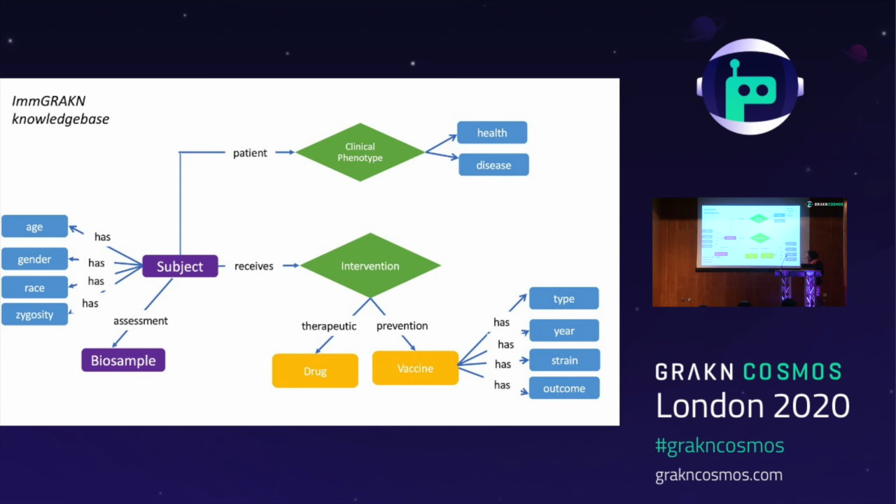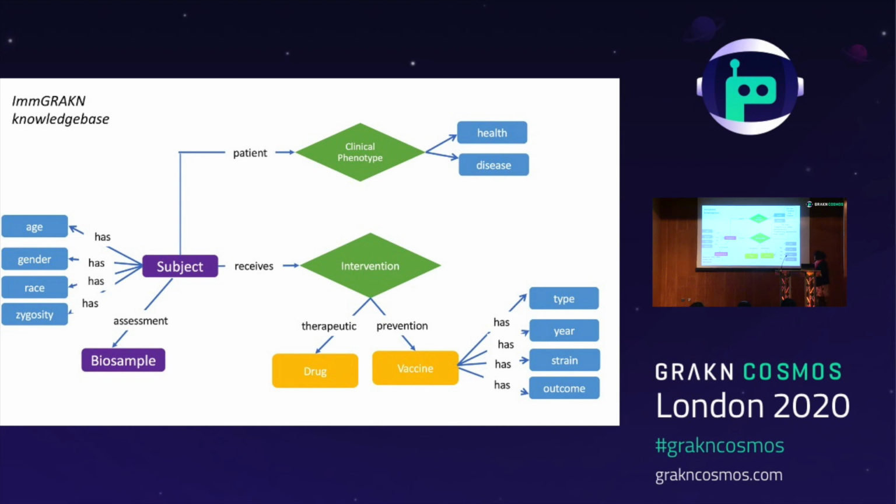And just to give you an example of the health, there are different health conditions, for example vaccinated pregnant women, or on the disease side, the categories are cardiac, autoimmune, asymptomatic, acute, chronic infections.